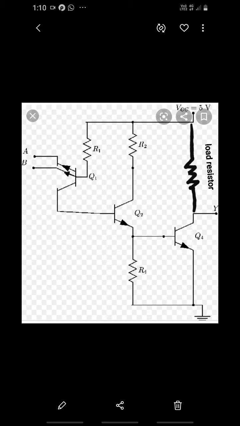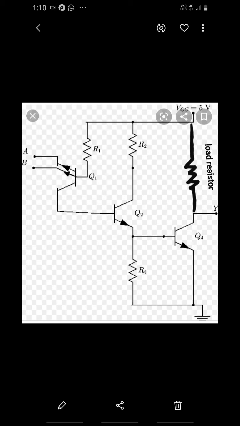if either A or B or both are low, then the base to emitter junction of Q1 is forward biased and its base to collector junction is reverse biased. So there is a current through R1 and the base to emitter junction of Q1 into the low input.